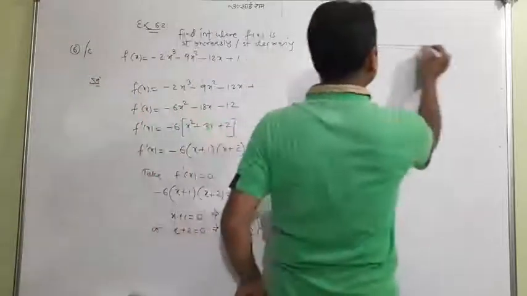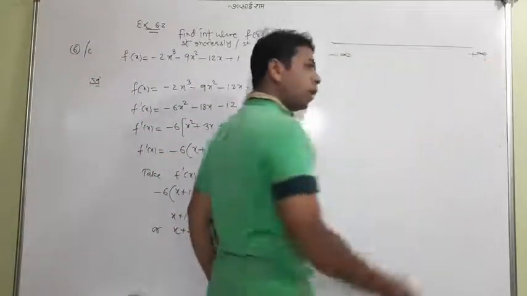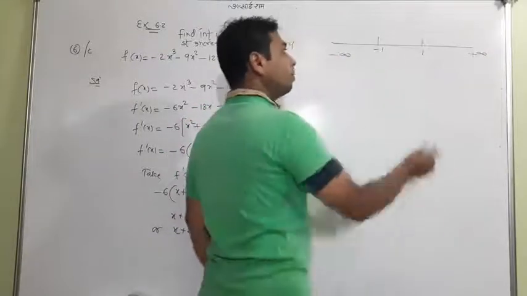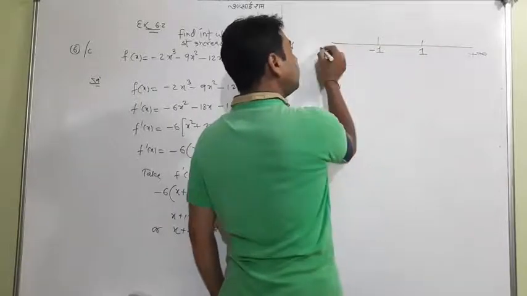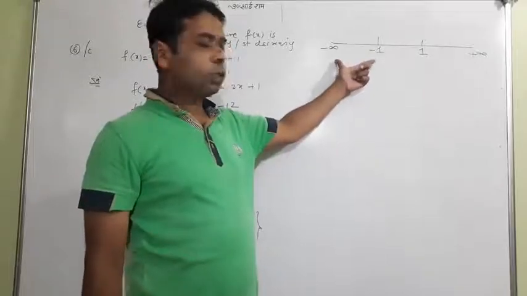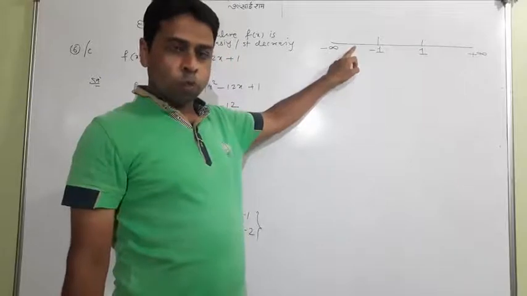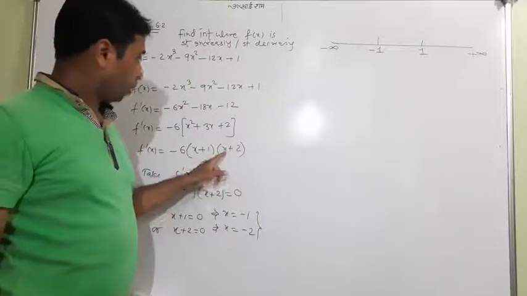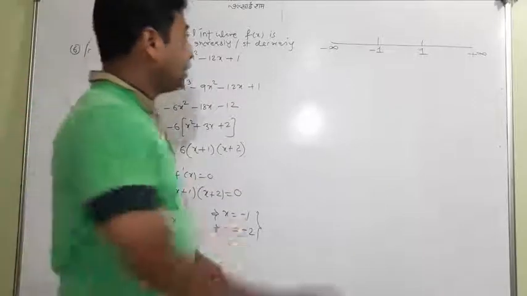So without any hesitation, I'll take minus infinity because we are not given any particular range. So I'll take only minus 1 and minus 2. Now I'll check between these. I'll take a point in each interval.